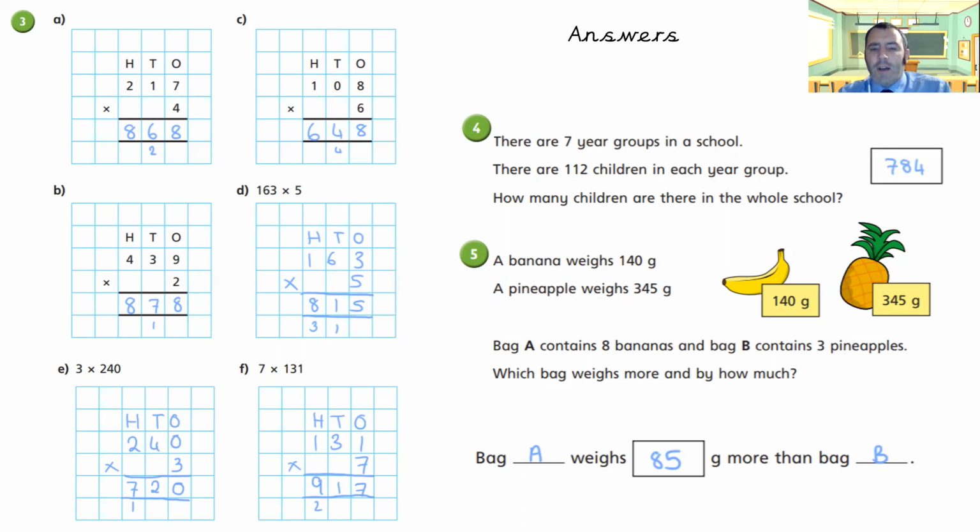The first calculation I need to do is 8 times 140 to work out how heavy bag A is, because that's full of bananas. Bag B has got 3 pineapples, so that'll be 3 times 345. I then need to find the difference between my 2 answers. So I've got that here. Bag A, which has got the 8 bananas in, weighs 85 grams more than bag B, which has got the 3 pineapples in.